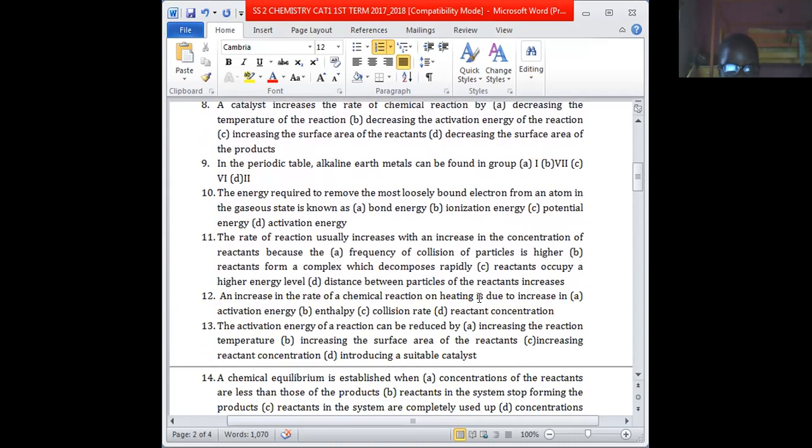C. Collision rate. Okay, number 13. The activation energy of a reaction can be reduced by D. Introducing a suitable catalyst, correct. Number 14.